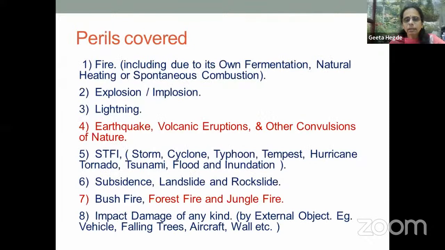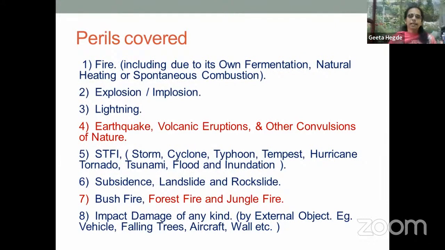Perils covered are, most of the perils are same like SFSP. There are certain differences which we must carefully remember as we are studying from the exam point of view. Fire. Now here there is a major difference, including due to its own fermentation, natural heating or spontaneous combustion.